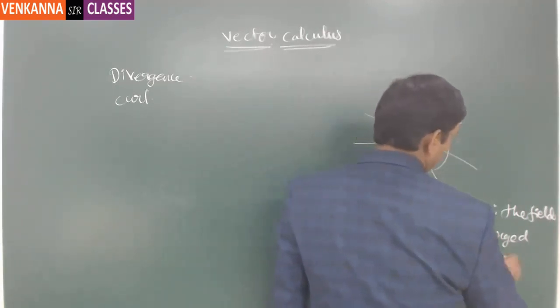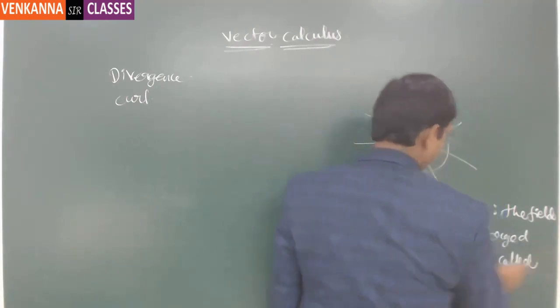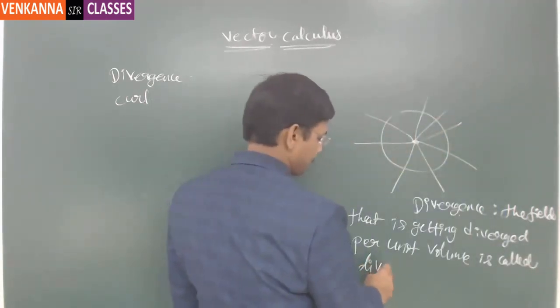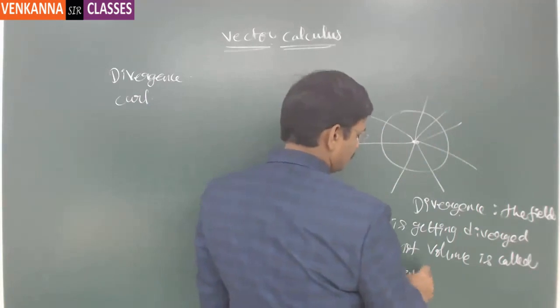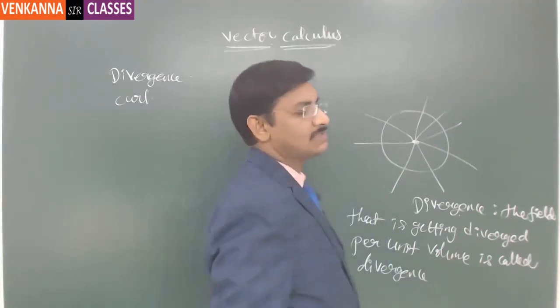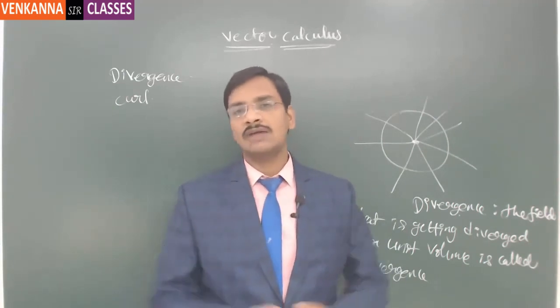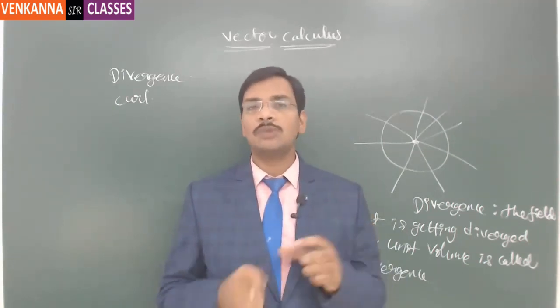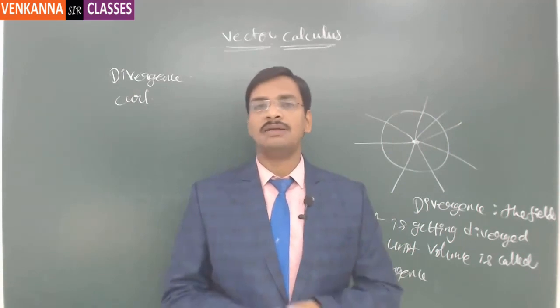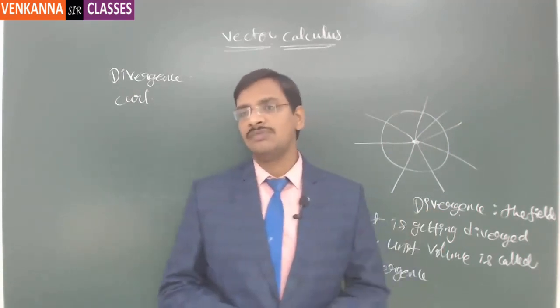It is called divergence. In fact, this can be easily understood as the ability to expand. So, per unit volume, how much it is getting expanded is called the divergence of that particular volume.